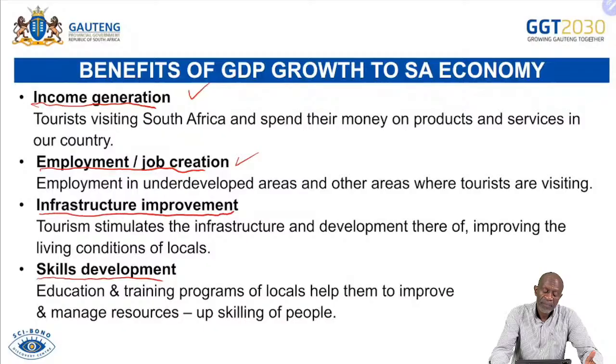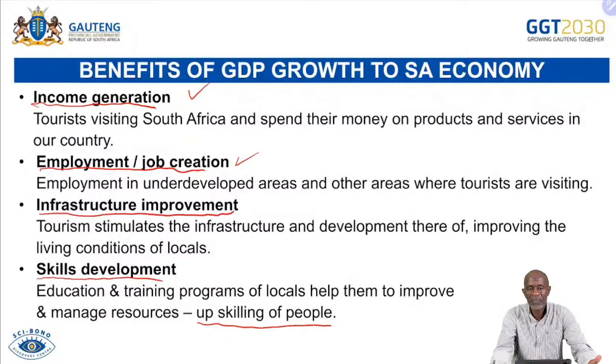So this can be explained as education and training programs for local people that help them to improve and manage resources. That is upskilling local people. So it has a benefit of education and training to the local residents.